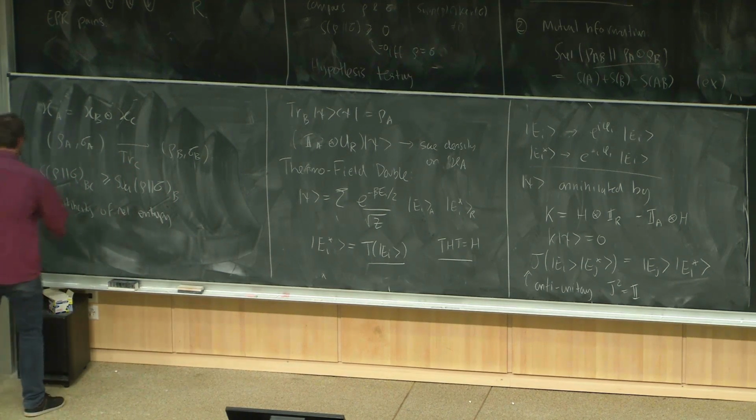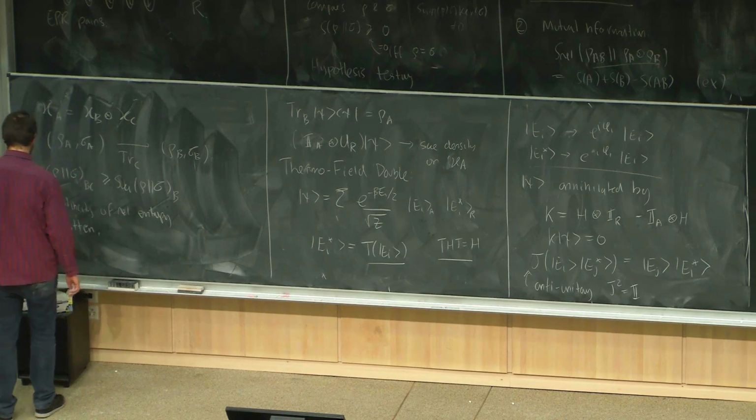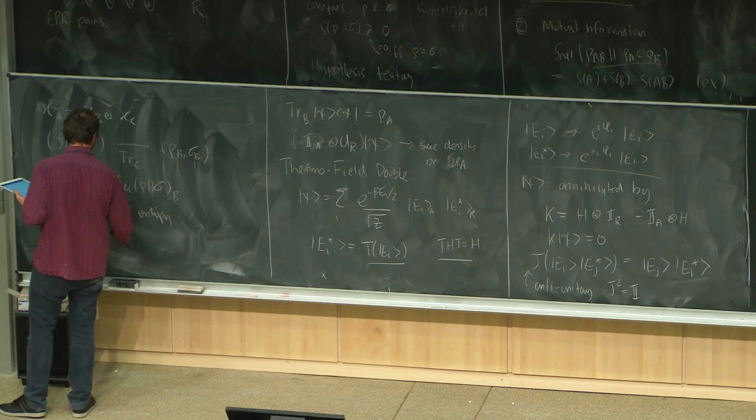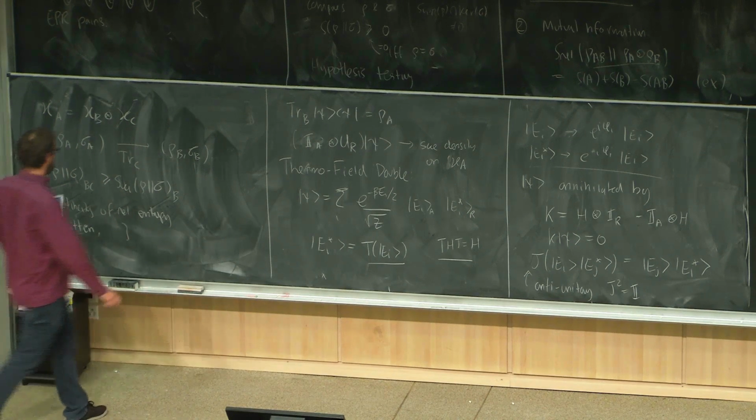If you want to see a proof, there's a nice set of lecture notes by Witten on entanglement in quantum field theory, where he proves this in generality, even for quantum field theory.